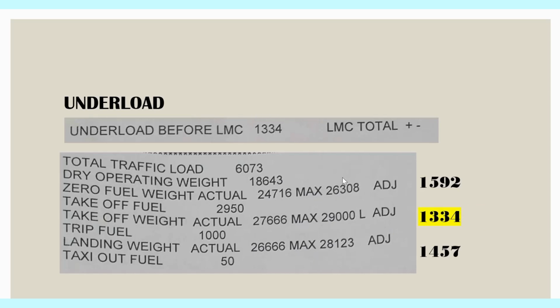So this is how we calculate the underload. That's the first way of calculating underload. You can take the limiting values, and the most limiting in this case was the takeoff weight, and the underload is based on that. If the limiting was zero fuel weight or the landing weight, the underload will correspond to those limiting weights.